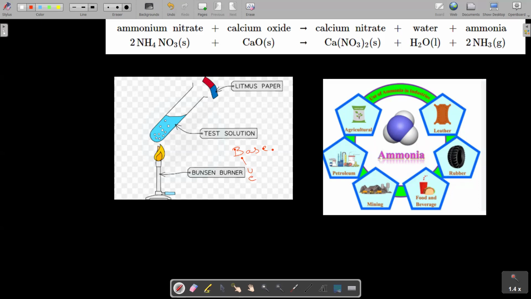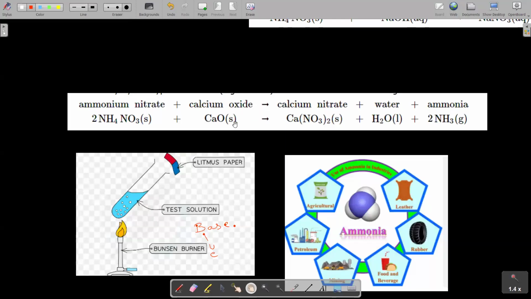The same thing happens for ammonia gas. A base such as calcium oxide or calcium hydroxide can be used to prepare ammonia in the laboratory. When these two solids, ammonium nitrate and calcium oxide, are heated together, ammonia is produced.